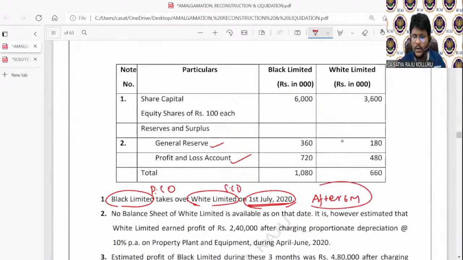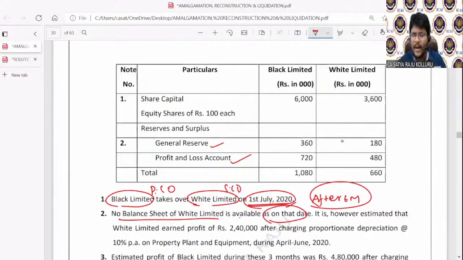Till now, what are all the different problems we completed? In all the problems, the date of balance sheet and the date of amalgamation are the same. That's why there is no necessity to prepare the balance sheet before amalgamation. But here, no balance sheet of White Limited is available on that date.